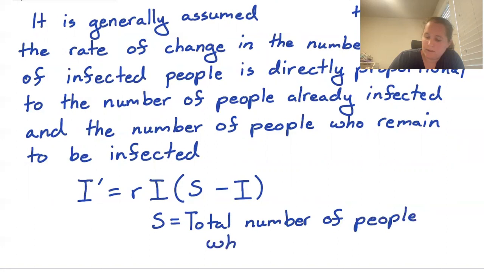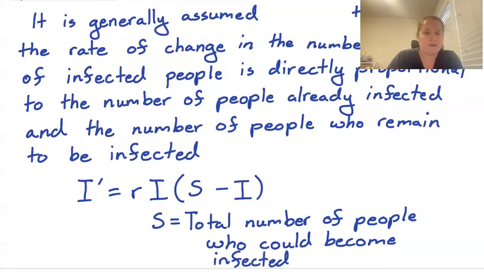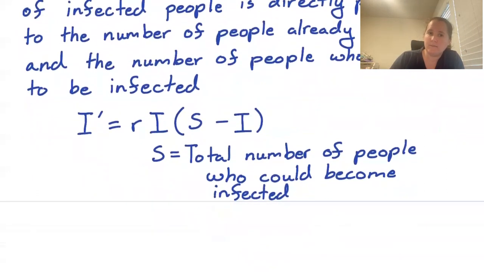Some diseases only affect certain populations. Other times you have vaccines, which will hopefully prevent some people from getting sick. So that's just the total number of people who have the potential to become infected. And I, a function of time, is the number of people who have been infected.